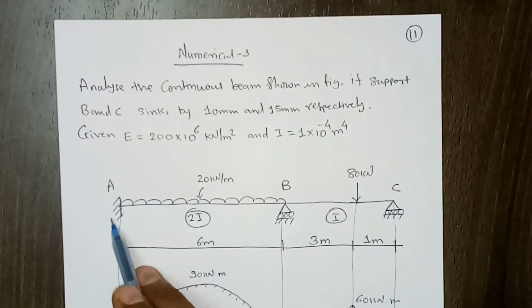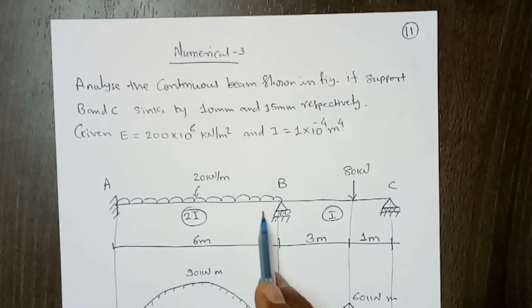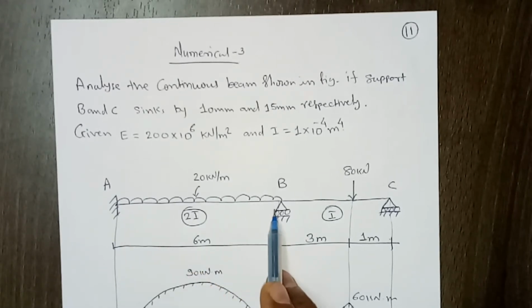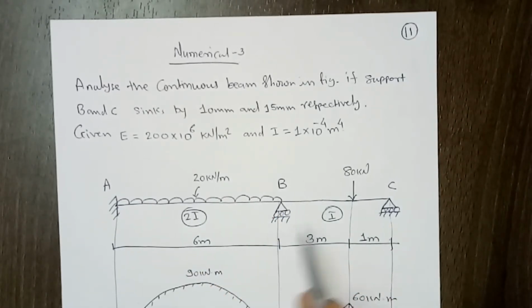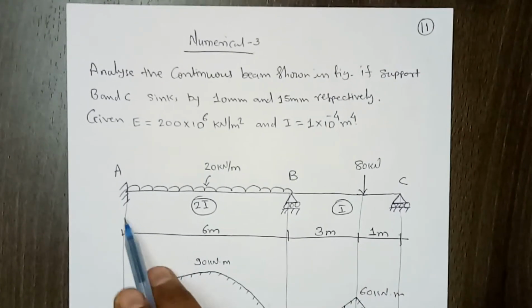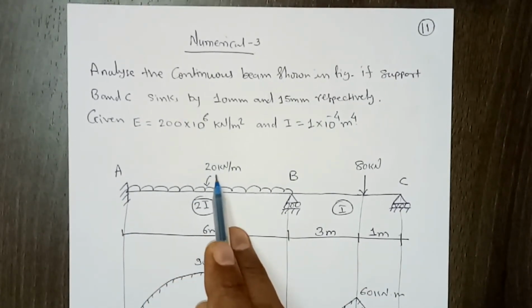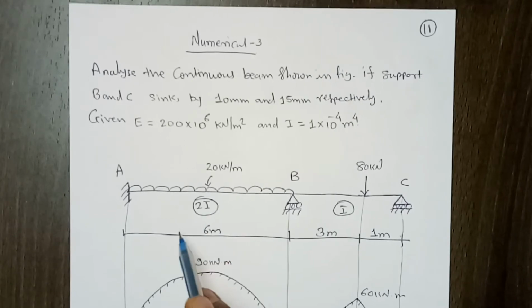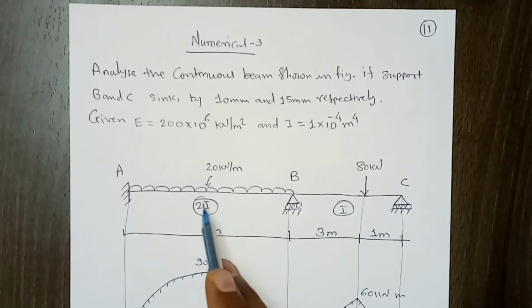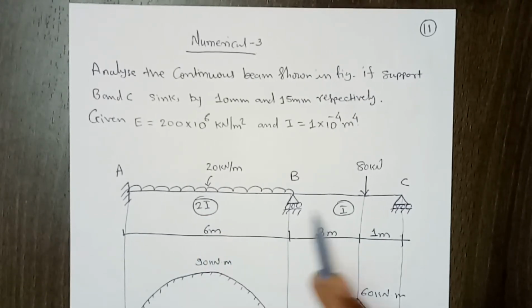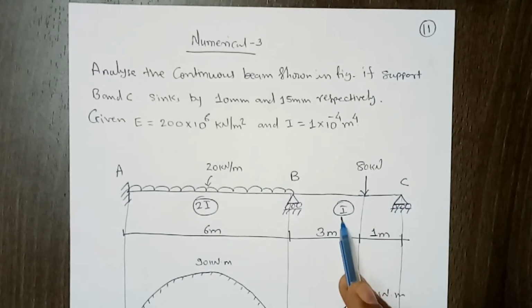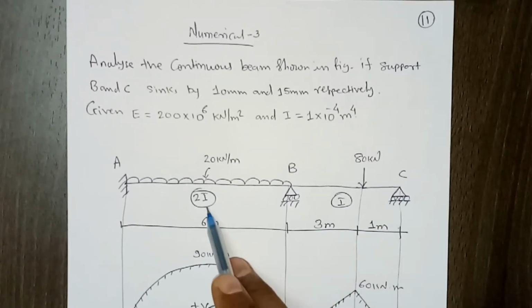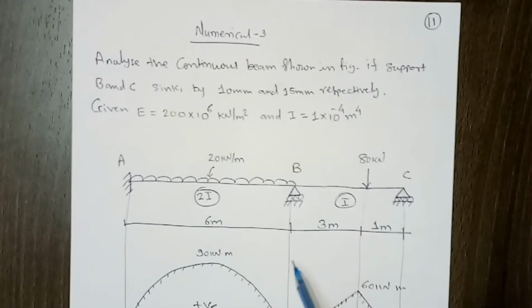In the beam, A is a fixed support, B and C are roller supports, and on span AB the load is 20 kilonewton per meter, and the moment of inertia is 2I here, and for this span it is I only. Wherever E is constant, the same E we can use for both spans.